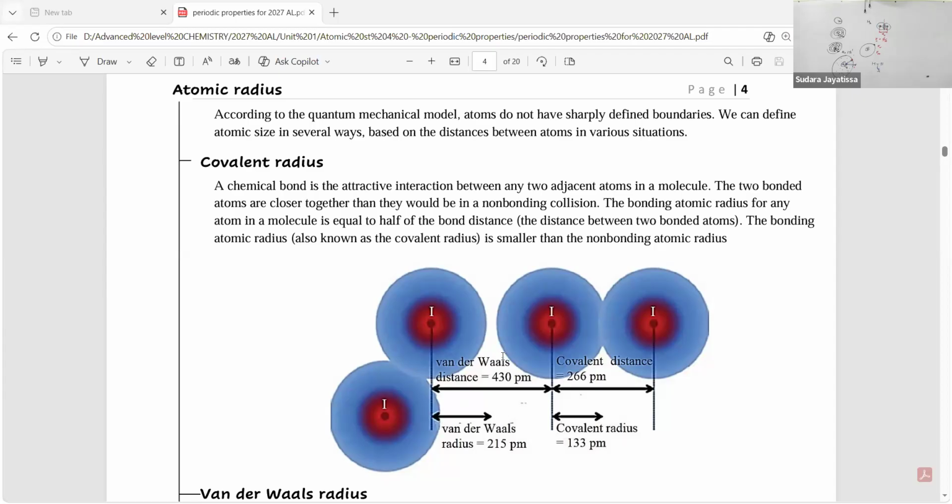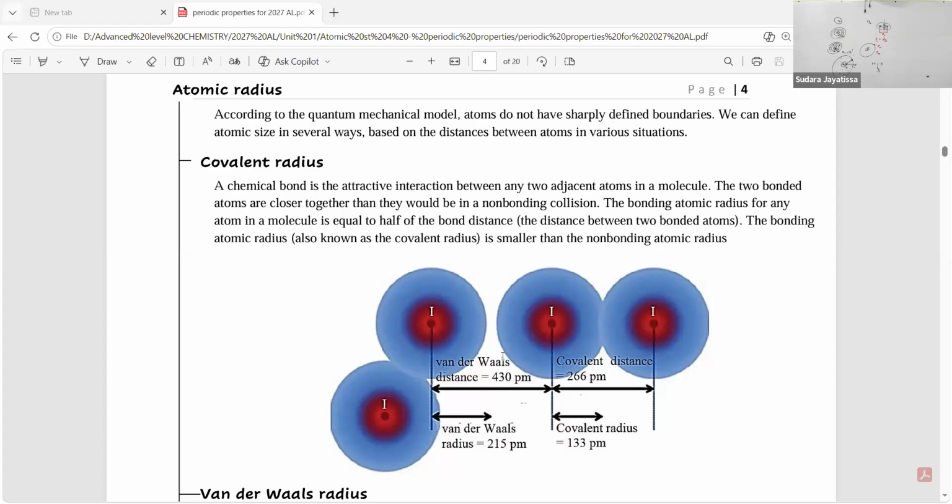As we expected, van der Waals radius is significantly higher than covalent radius because there's no overlapping. Understood? Simply we can say, covalent radius is smaller because there is an overlap.